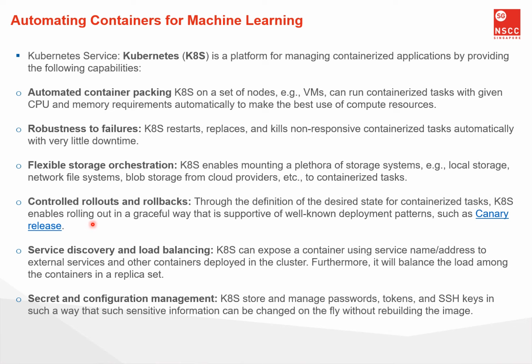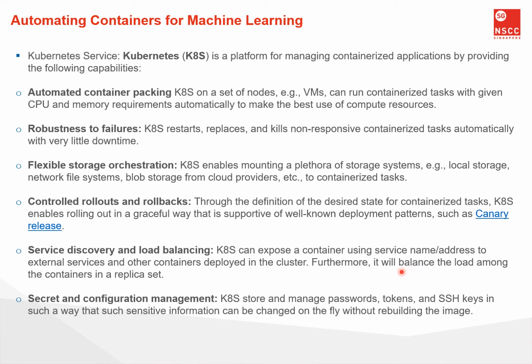You can control rollbacks. If you need to go back to a previous version, Kubernetes can enable that rollback automatically, and it also allows you to discover new containers using a name service. And it will also provide load balancing.